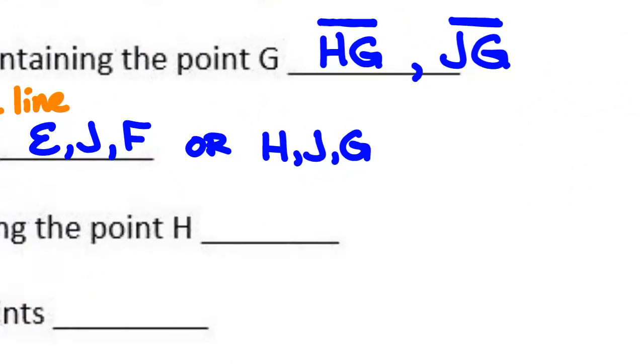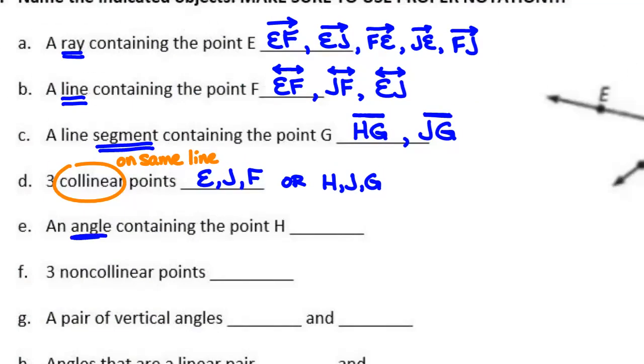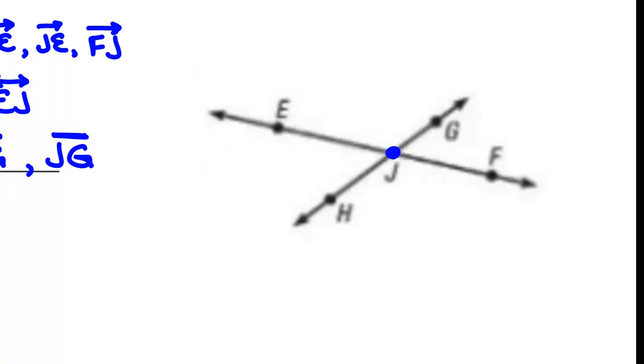Part E, an angle containing the point H. Again, I'm looking for notation on these. If you just write down 3 letters, even if it contains H, it is incorrect because you did not name an angle. So you could say angle HJE. Angle HJE would be this angle right here.